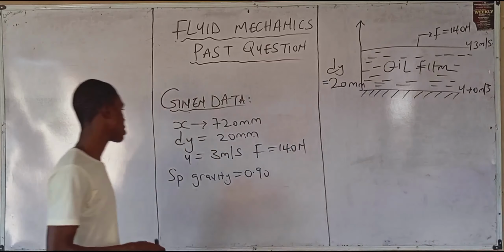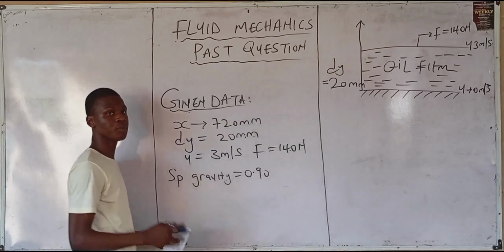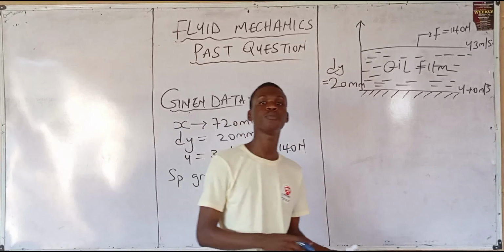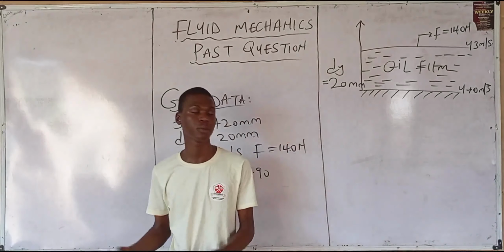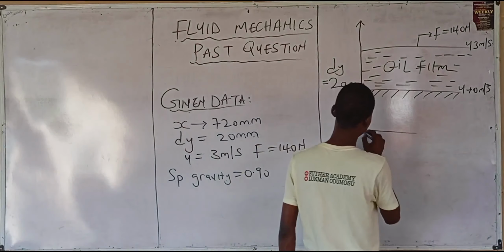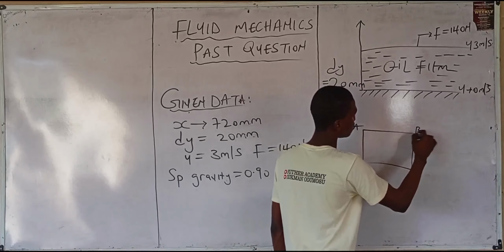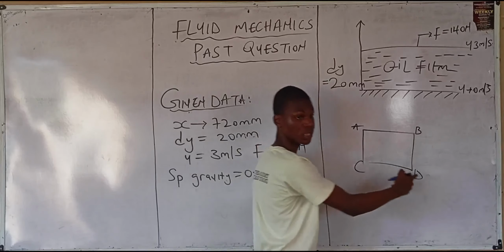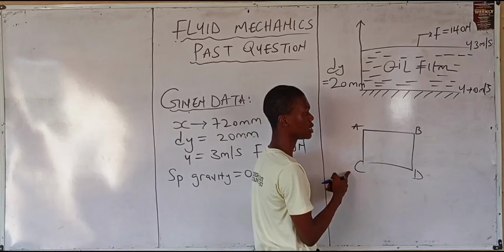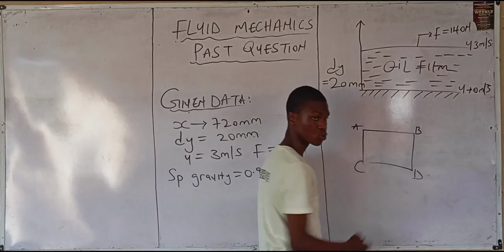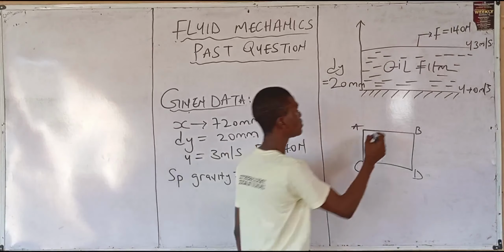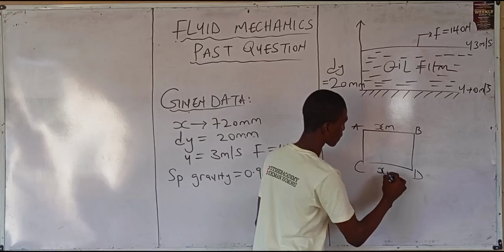Then the question also says that the size of the plate is 720 mm. Consider this a square, A, B, C, D. You agree with me that AB is equal to CD. Likewise, AC is equal to BD. So if you call this side X meter, this side is also X meter.